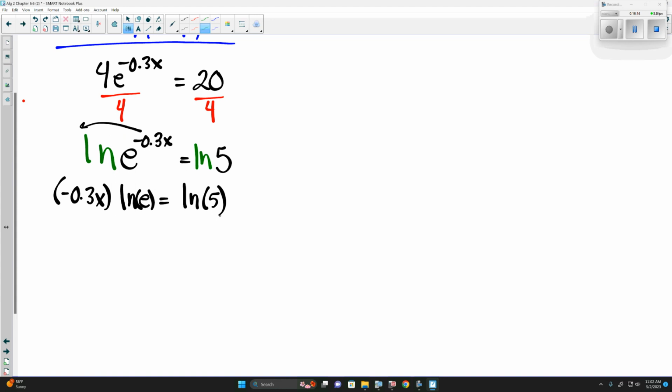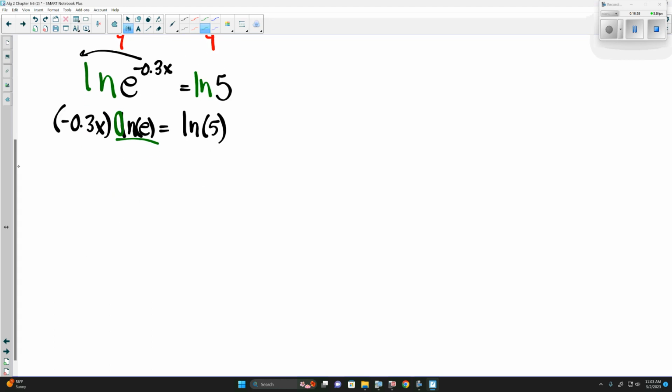Now, what is the natural log of e? It is indeed 1. ln of e is 1, because the base and what's inside it are the same. So that's really going to simplify out, leaving us with negative 0.3x is equal to the natural log of 5.